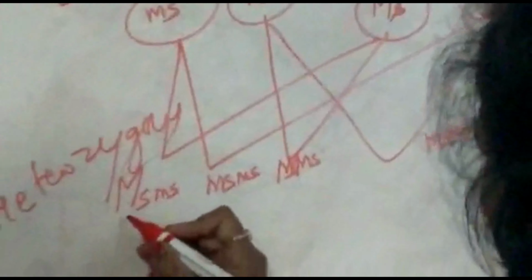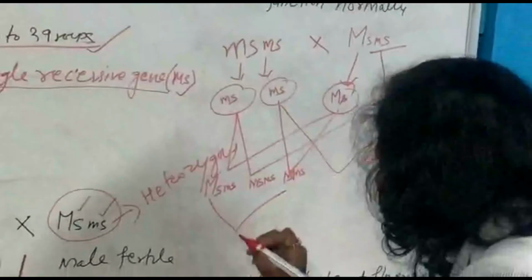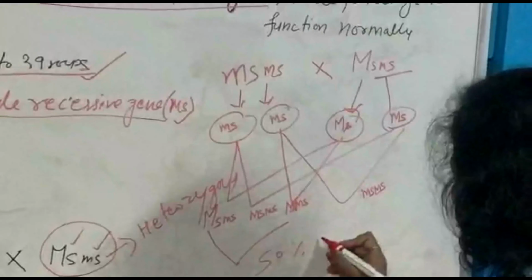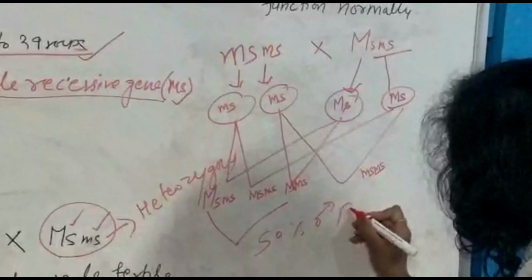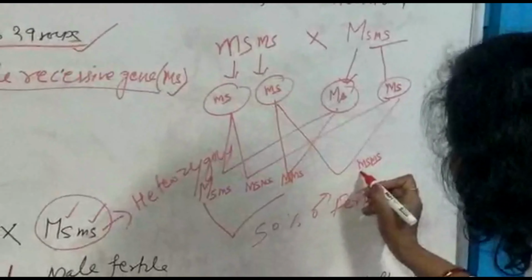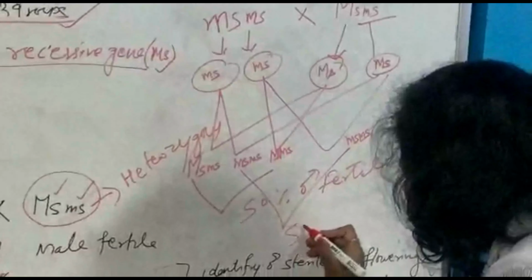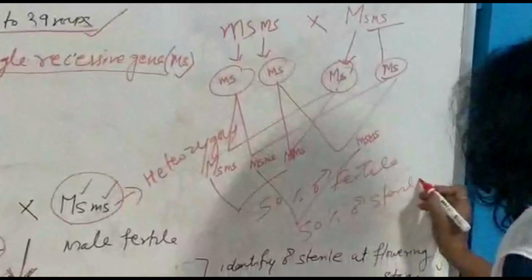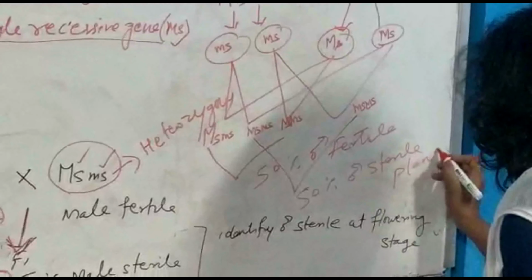It means this progeny shows 50% male fertile and 50% male sterile plants.